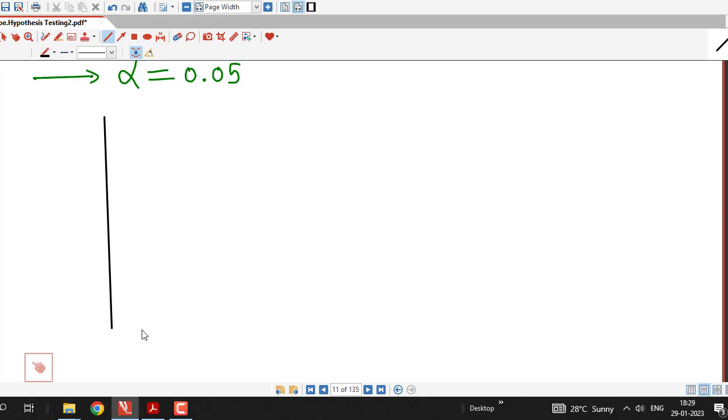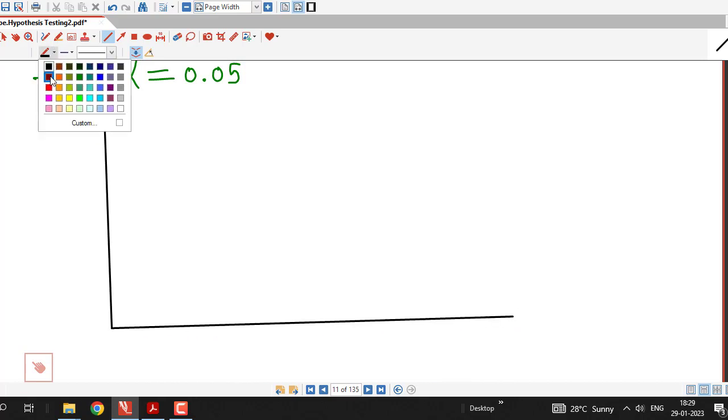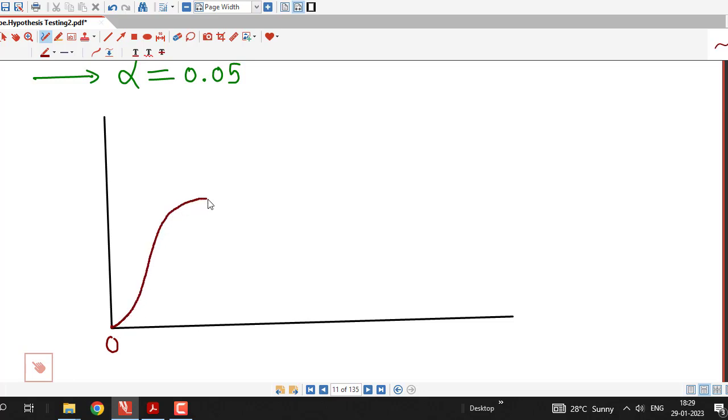We are familiar with the probability density curve for the F distribution, and let me just roughly sketch that. The F distribution always takes non-negative values, so here we have 0, the minimum value. It may look like this.